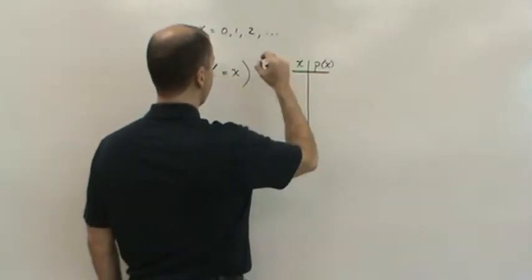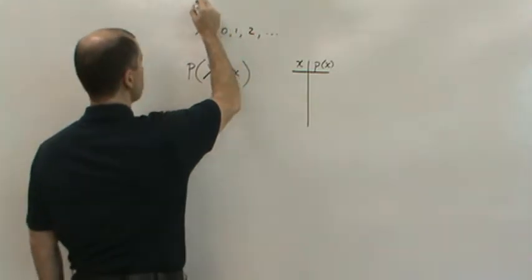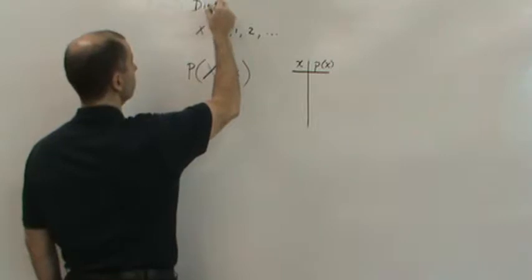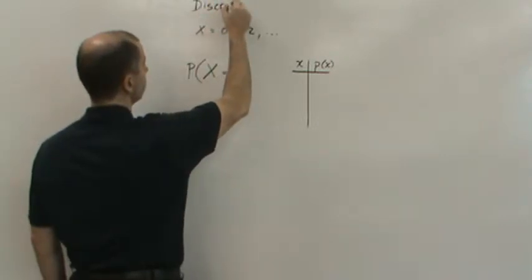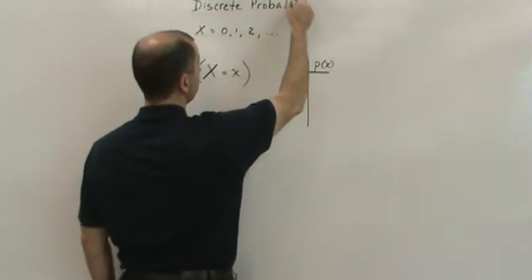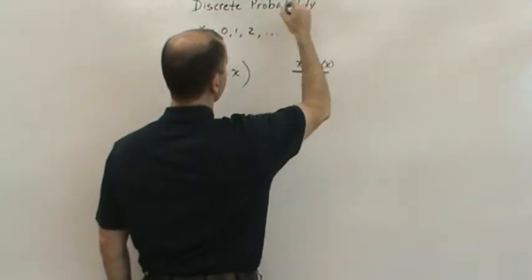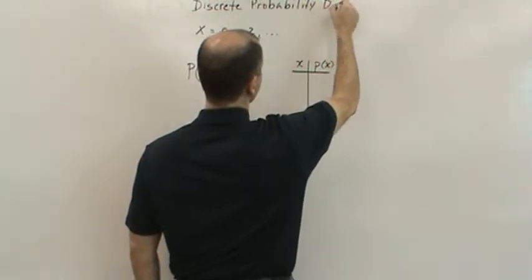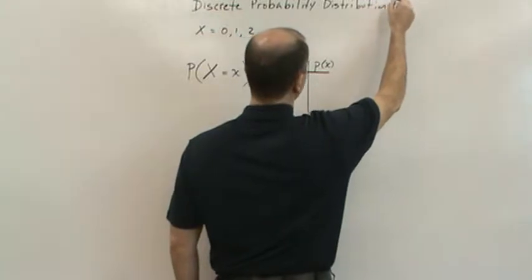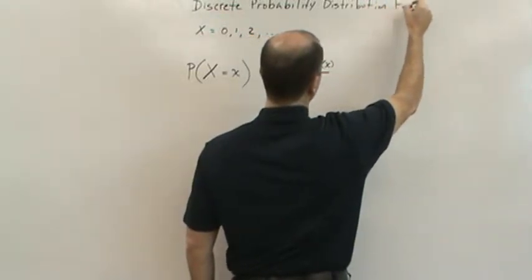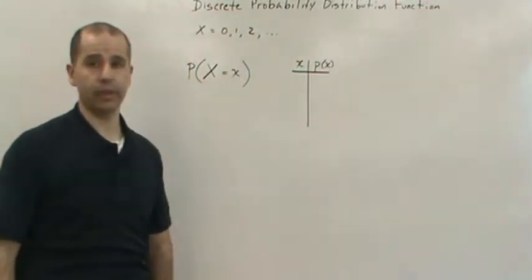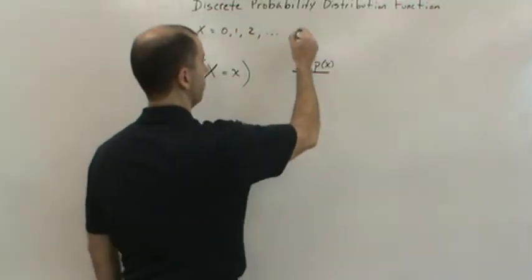That's a discrete probability distribution function, or what we're going to call a PDF.